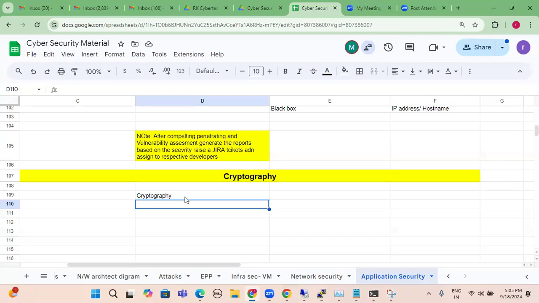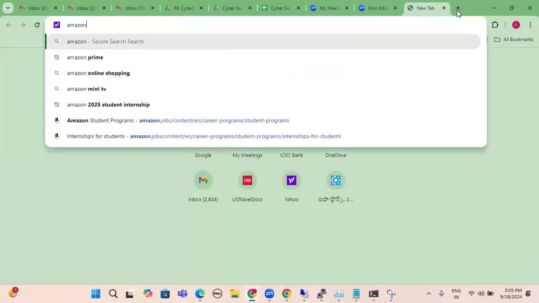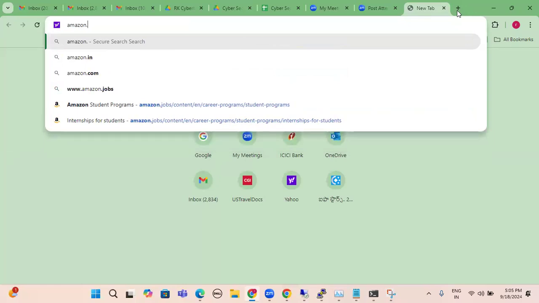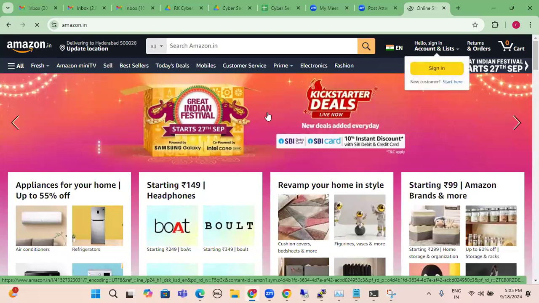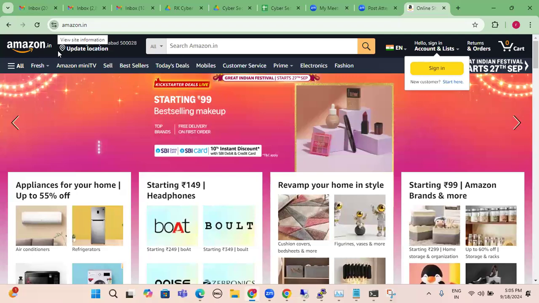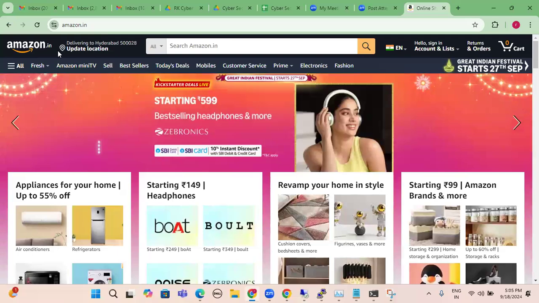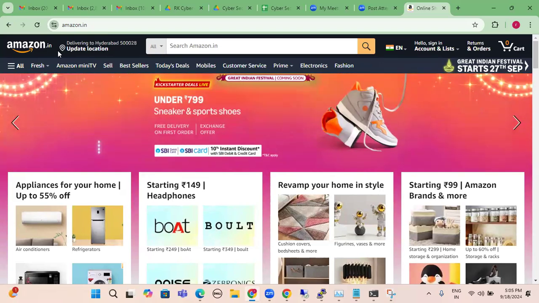So I'm repeating it once again. For example, maybe Amazon.in, which is retail related. If you want to place any order, and you don't use proper HTTPS connectivity between our web browser and the backend server of Amazon, then whenever we are making a payment, that may be through online payment like net banking, UPI transaction, or debit card or credit card.